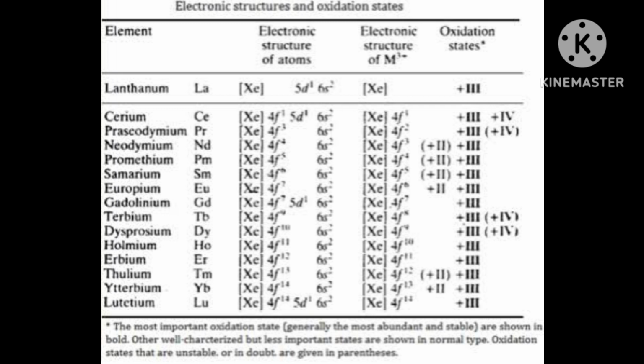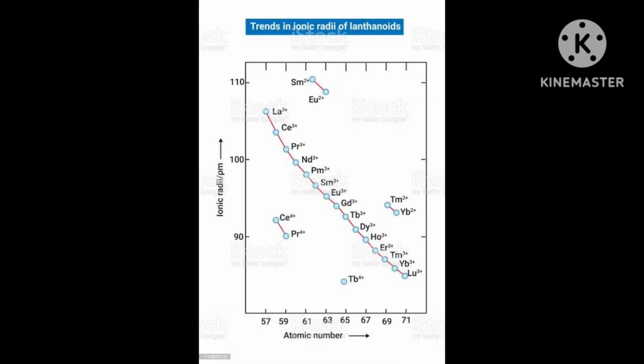Now I want to just discuss these things, radii in picometer, and their electronic configuration. Lanthanum La, its electronic configuration is 5d1 6s2.